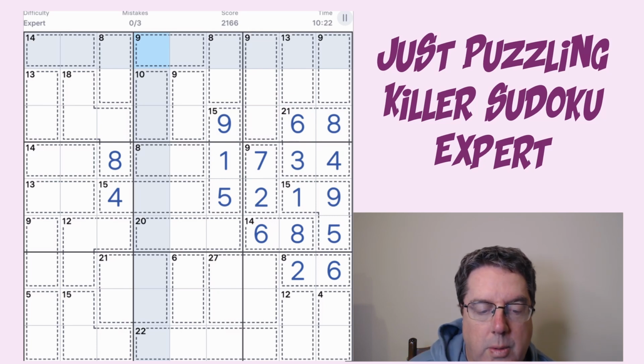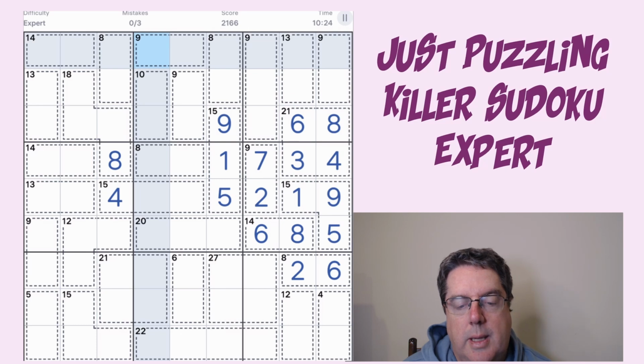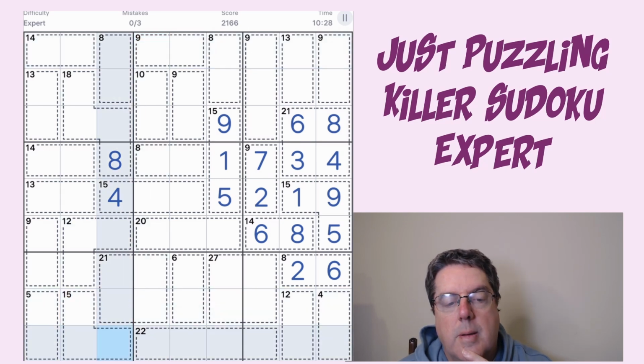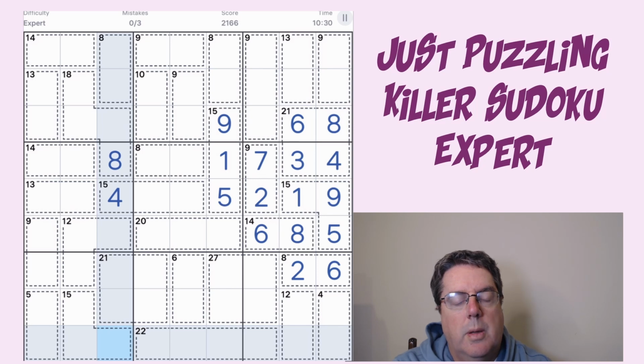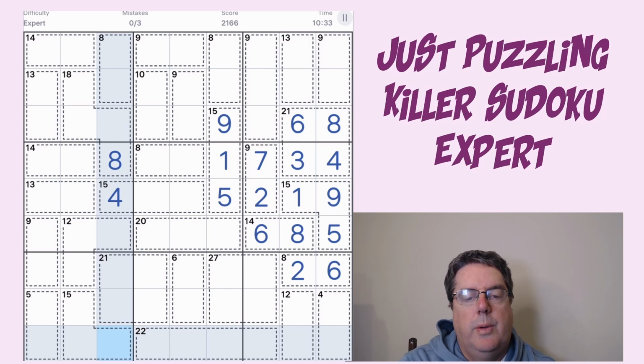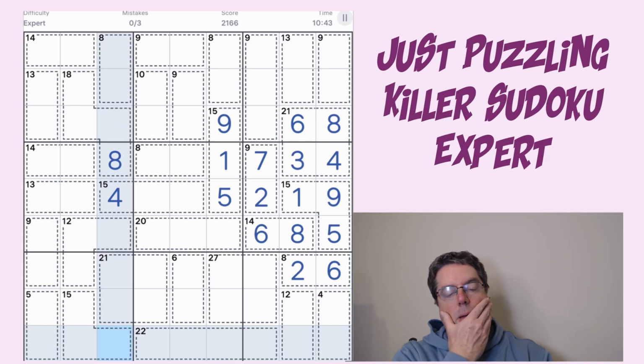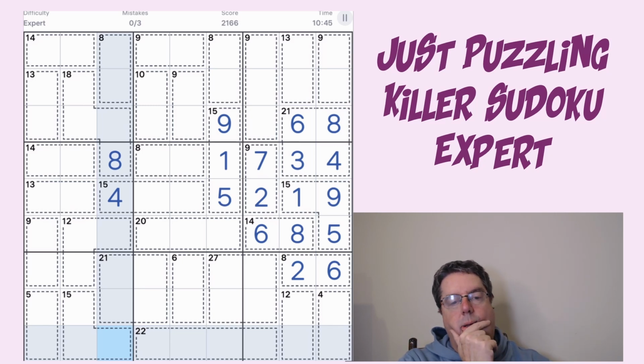Okay, so what are we looking at here? 6 can be here, here, here, or here. 2, 3, 9. So that's 9 there. I know 9's up there. I know 5's there. Okay. What are we thinking?